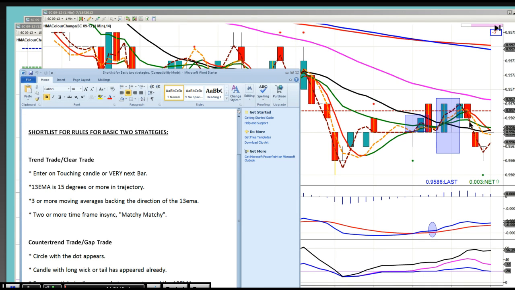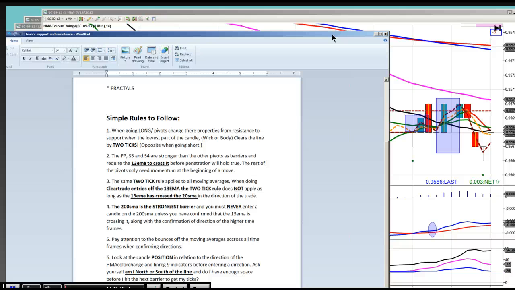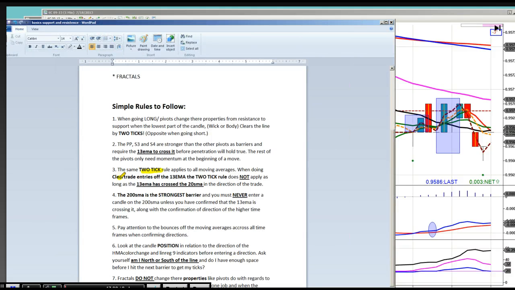From the point after the cross, it's all trend trade, and the trend trade rules apply. That's what you need to know. So when it comes to support and resistance, the 2-tick rule does not apply to clear trade entries of the 13 EMA, as long as the 13 EMA has crossed the 20 SMA. Very important detail.